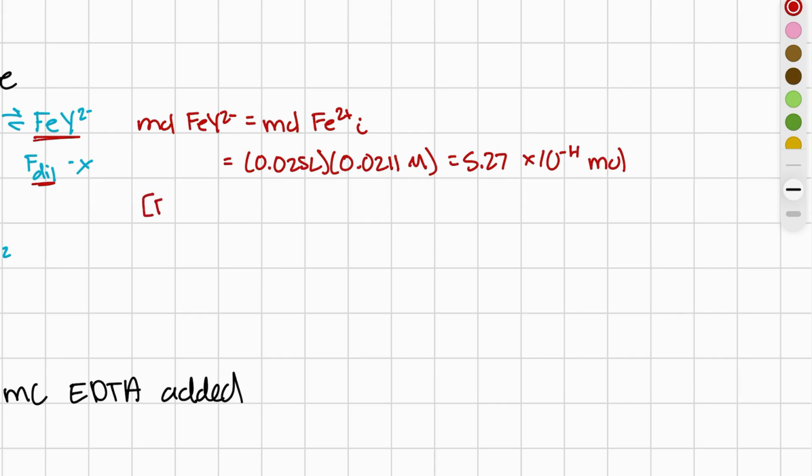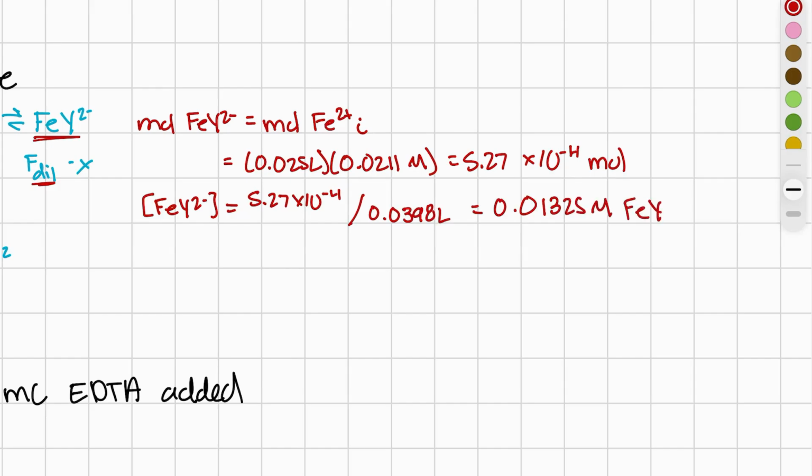So the concentration of FeY2- is these moles, 5.27 times 10 to the negative 4, over our current total volume, which is 0.0398 liters. So this is 0.01325 molar FeY2-, which equals that F diluted that we're looking for.